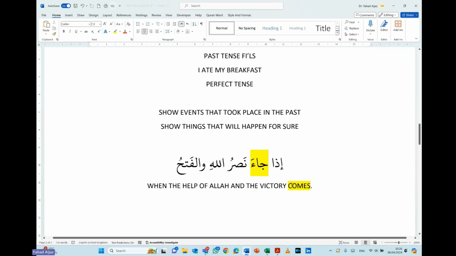And this is done to demonstrate that this is absolutely going to happen. Nobody can change it. Okay, because the characteristic of past tense is that you can't go back and change it. And there are of course multiple uses of past tense beyond these two in the Quran. It's the language of Allah and it's a very extensive language. But I hope that gives you an idea of some characteristics of the past tense.